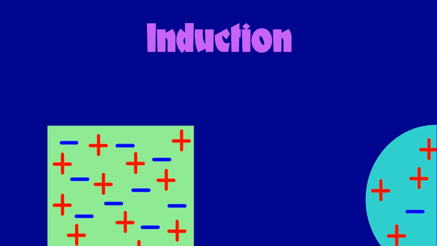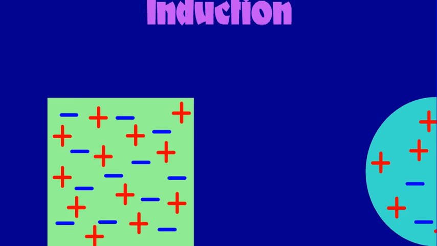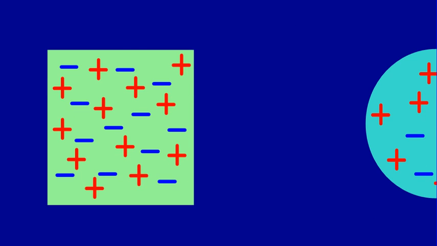Charging through induction is a bit more complicated. Charging by induction is a method for charging a conductor, which means the object that you want to charge must be a conductor. It can start off neutral or it can start off charged. Either is fine. Once again, you must start with another object that's initially charged, but with induction, the other object, the circle in this case, does not need to be a conductor.